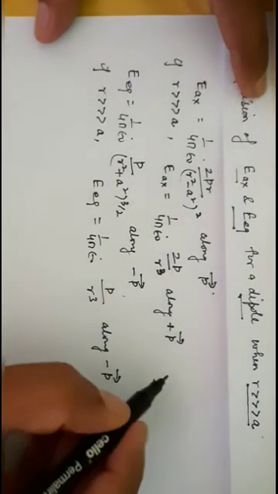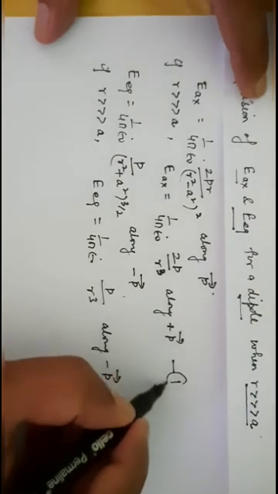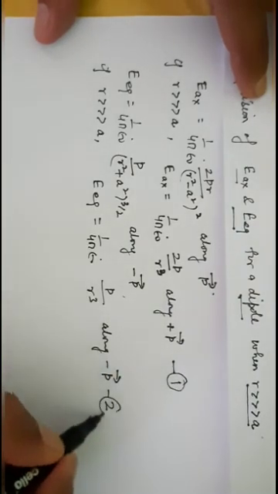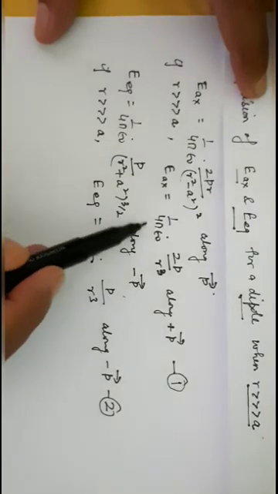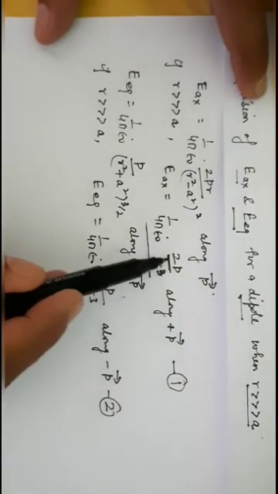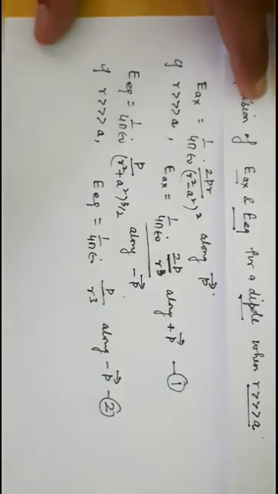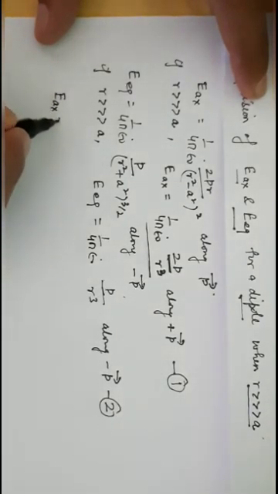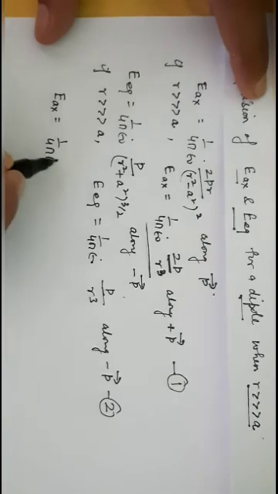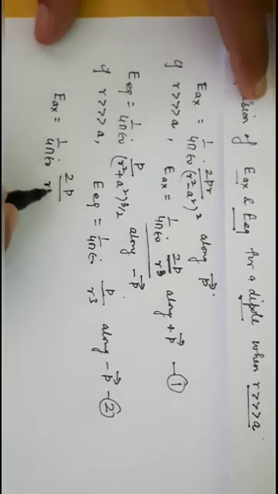Now if you compare these two equations, this is equation 1 and this is your second equation. If you neglect the direction and concentrate only on the magnitude, here it is 2p and here it is p. So the electric field on the axial line is 1 upon 4 pi epsilon naught, 2p upon r cube.